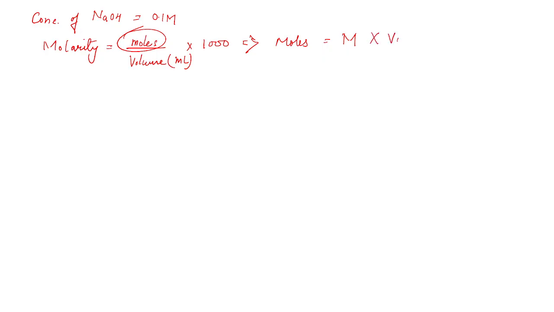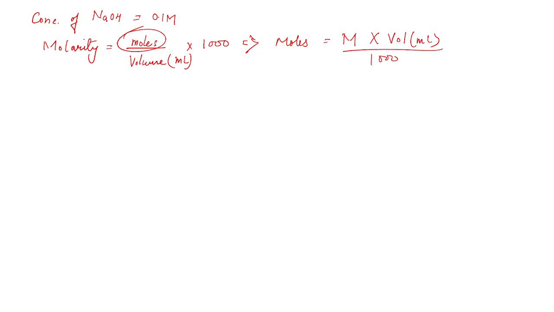We know the formula of molarity: moles upon volume, and here volume is in ml, so we multiply by 1000. So moles is going to be molarity multiplied by volume in ml divided by 1000.